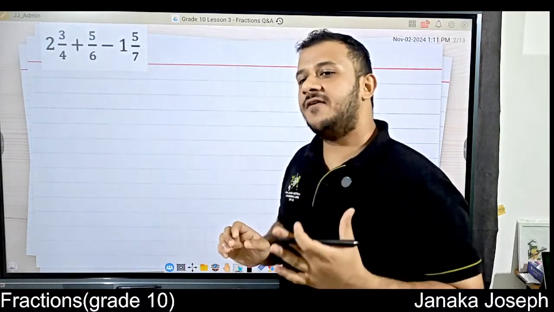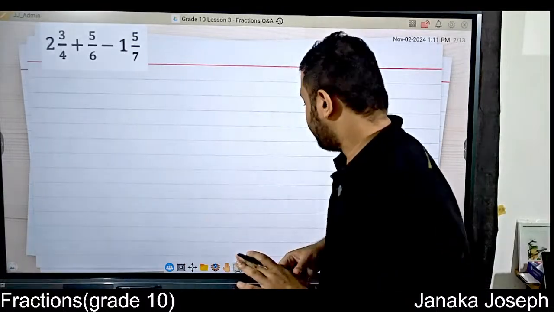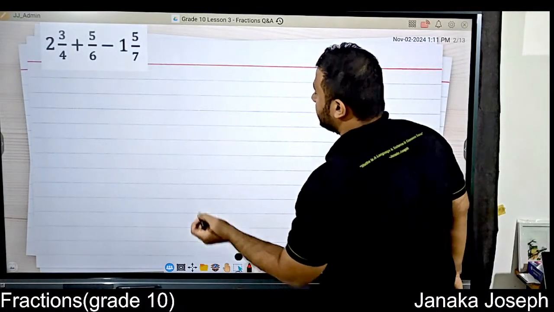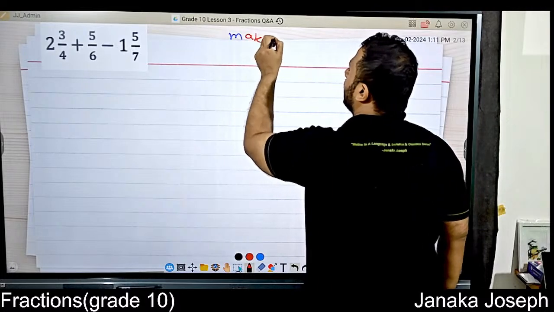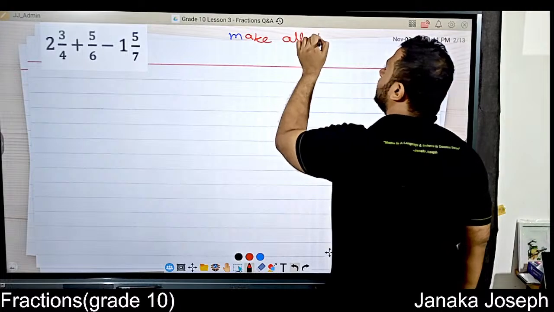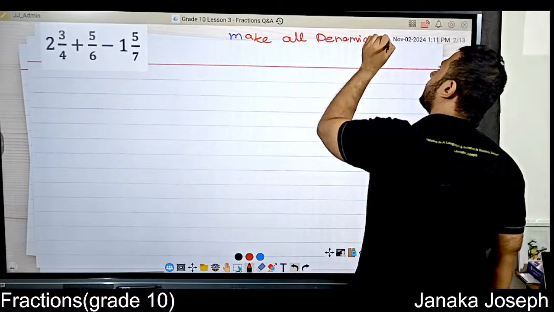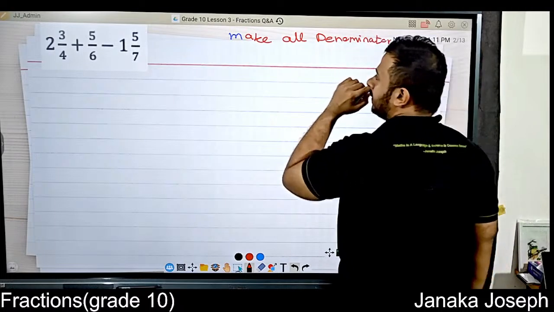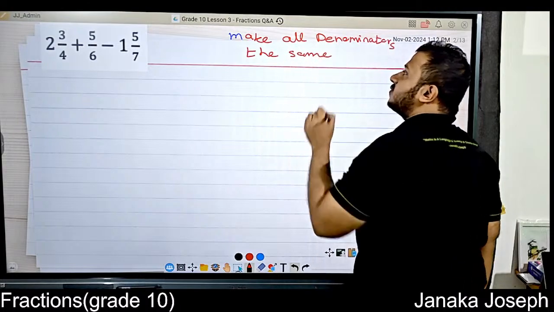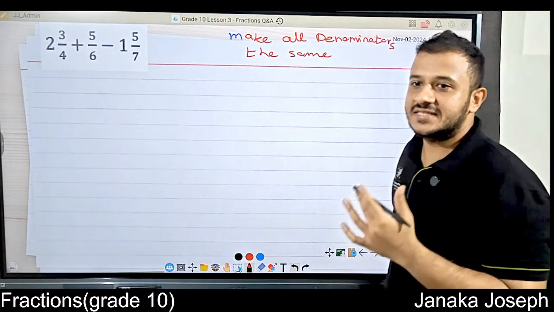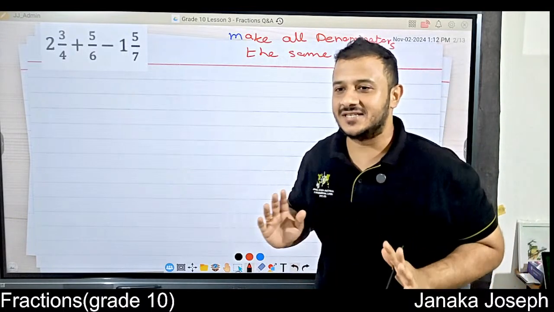So, when we have fractions with additions and subtractions, the first thing we do is make sure all the denominators are the same. Once we make all the denominators the same, then you can do the addition and the subtraction with the numerators.